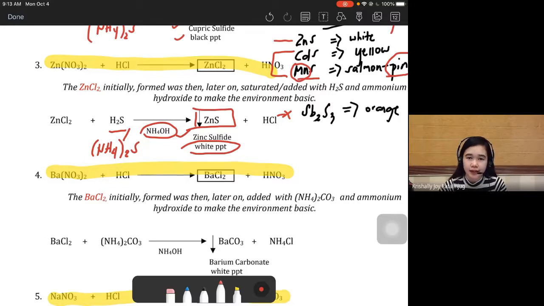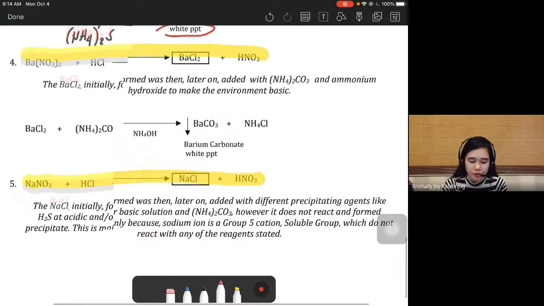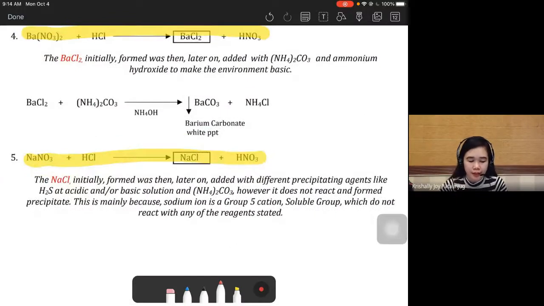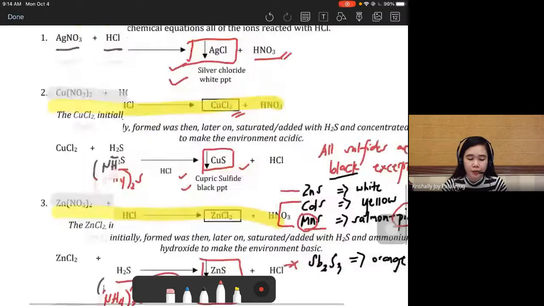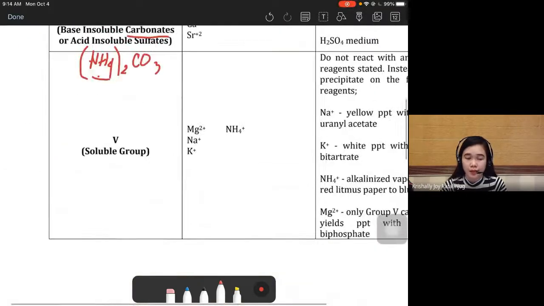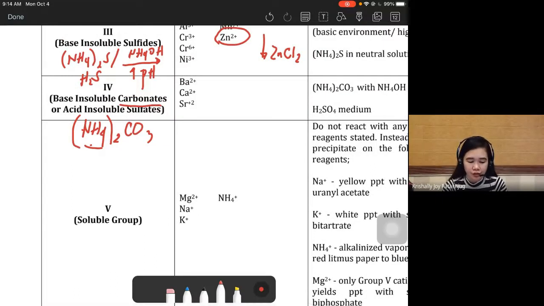So may natira na lang na dalawang ion sa mismong filtrate, sa mismong liquid portion ng test tube. So may barium tsaka sodium. So proceed on the next procedure sa mismong lab guide na binigay sa inyo. What is then added? It is added with ammonium carbonate. And recall, ammonium carbonate is a precipitating agent sa isang particular group of cation, and that is group 4.